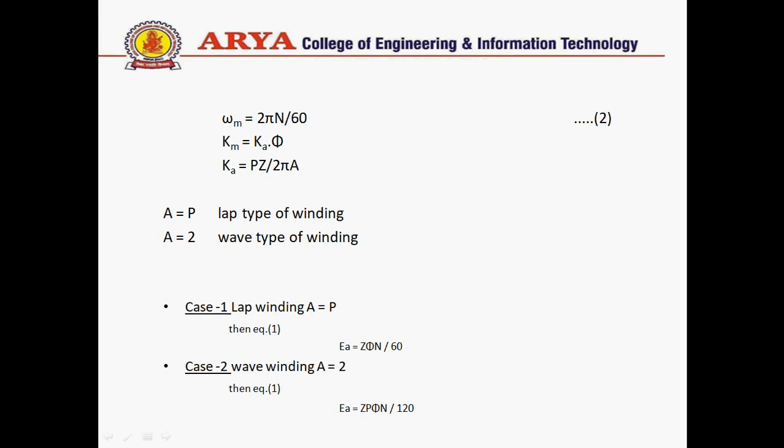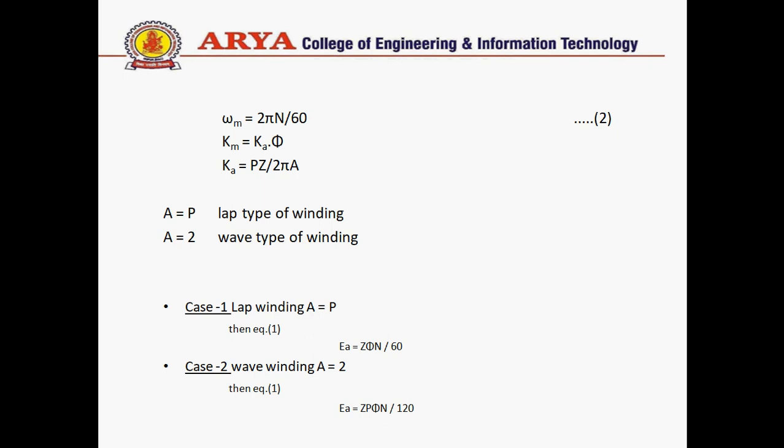by 2 pi A. Now, according to how the armature windings are designed, there are two types of windings, the lap type winding and the wave type winding.